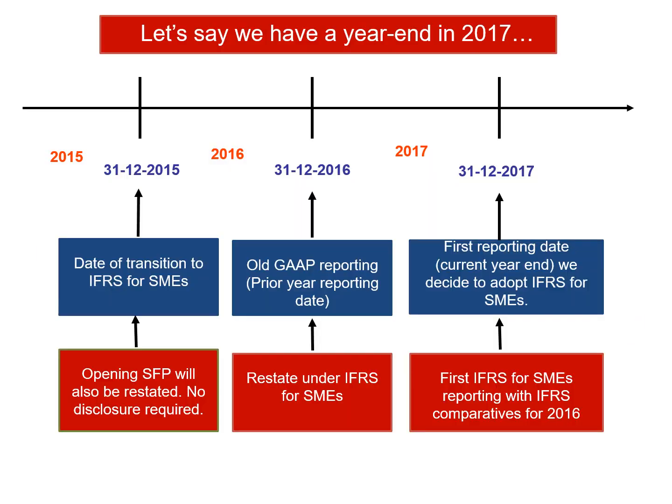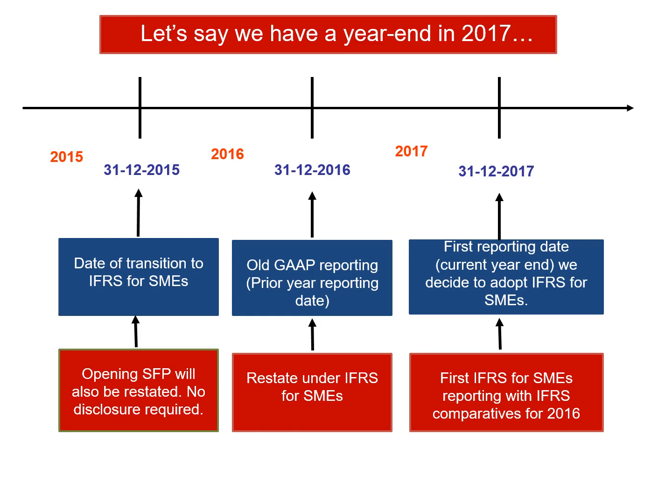So what that then means is that if I've been reporting in terms of whatever generally accepted accounting practice I was applying previously in 2016, I would need to go back and restate those numbers. So I need to go back and restate the beginning of that period. I need to go back to 31 December 2015 effectively and restate those numbers.